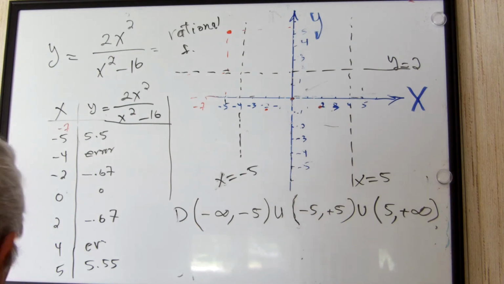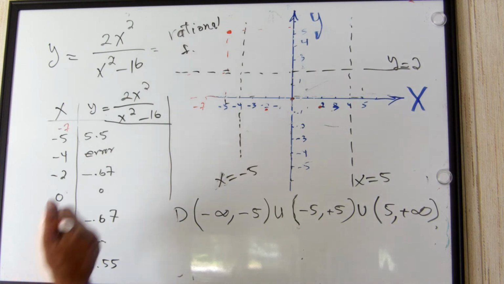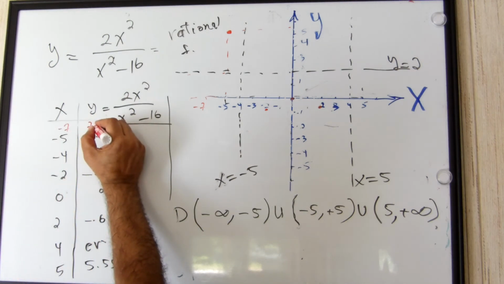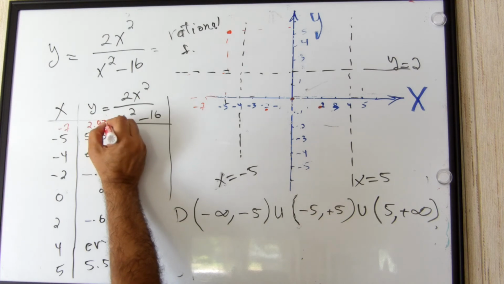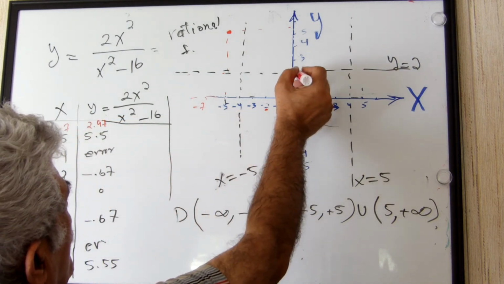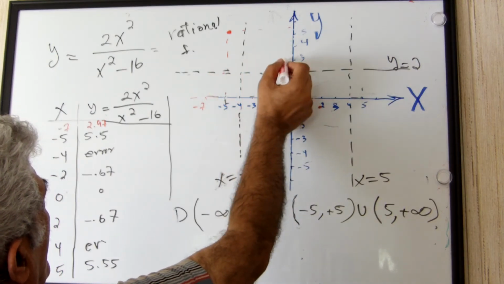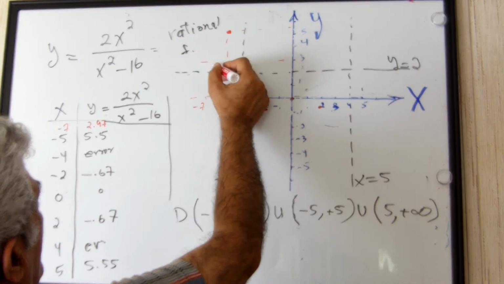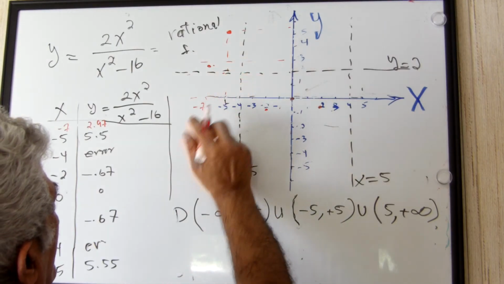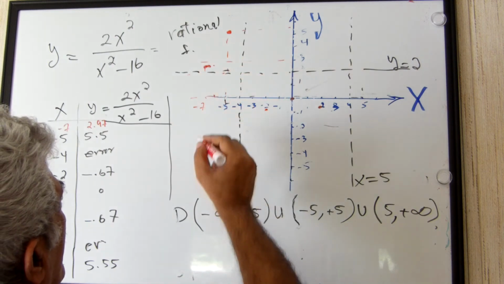Minus 7 is almost 2.7, so minus 7 is going to be 2.7. If this is 3, it's going to be somewhere here. This is 5, so the point is here.